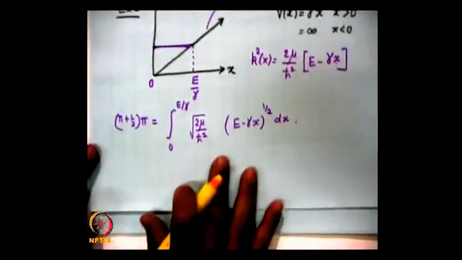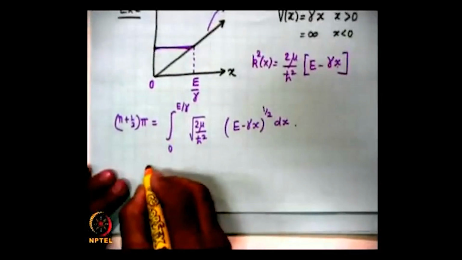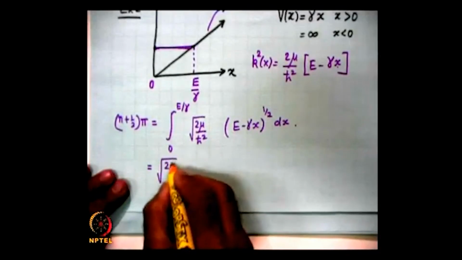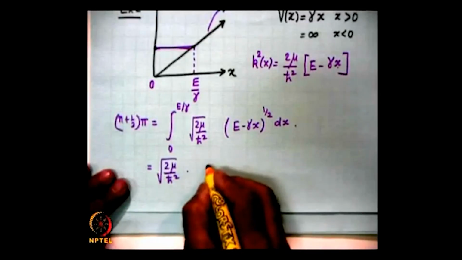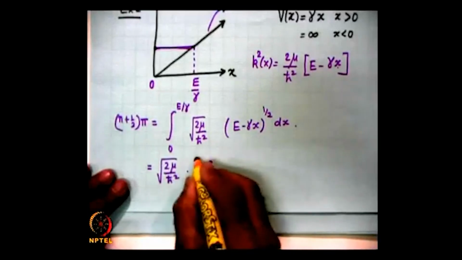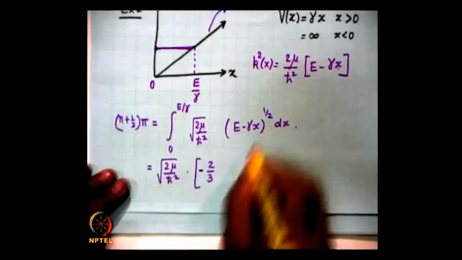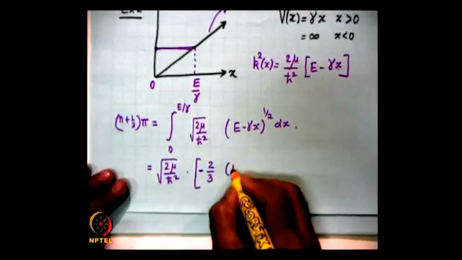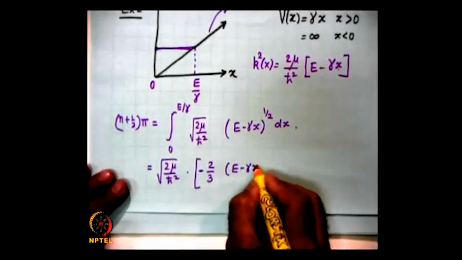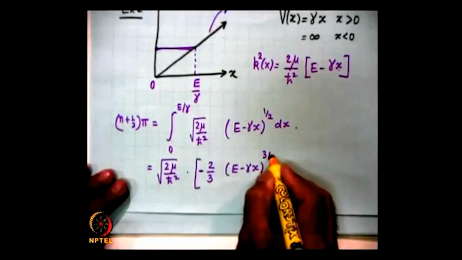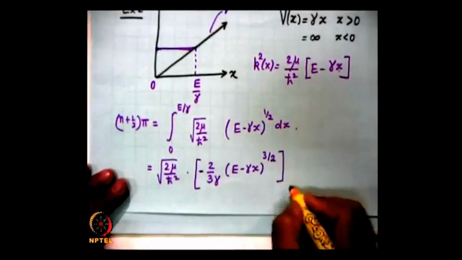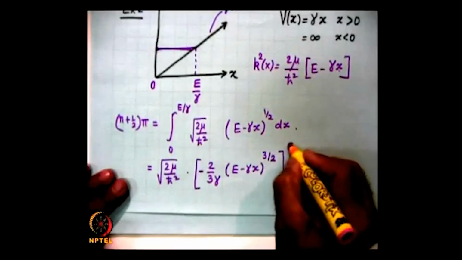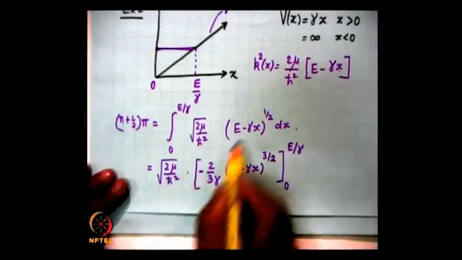So this is an equation which is extremely easy to solve. So you have 2 mu by h cross square, 2 by 3 with a minus sign, because as you integrate, E minus gamma x raised to the power of 3 by 2, with the gamma sitting in the denominator, and this will be from 0 to E by gamma. There will be a minus sign because this is a minus.